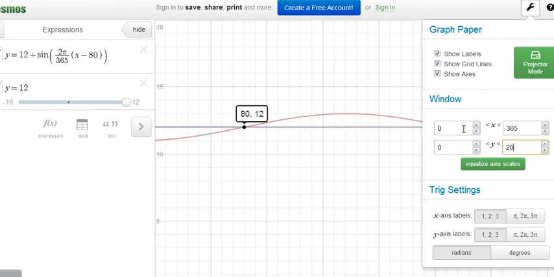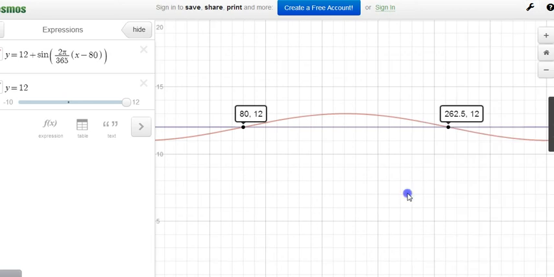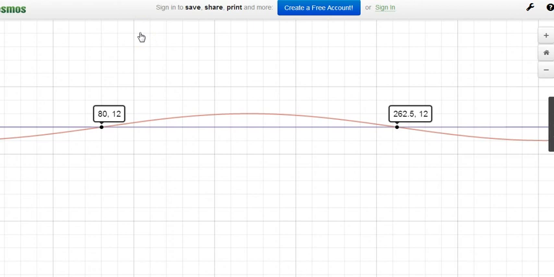Let's go 0 to 20. And then we can get rid of that stuff. And it's kind of nice showing us the intercepts, right?